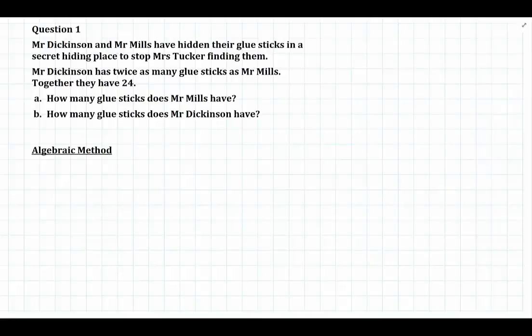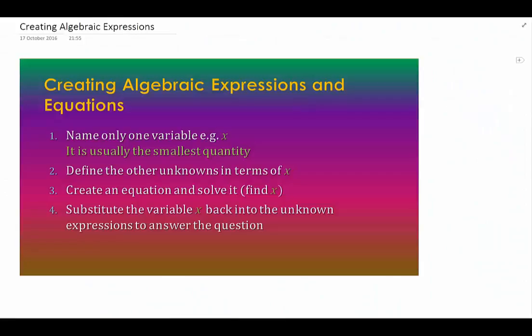So step 1. Mr. Mills is x. Let's look at step 2. Define the other unknowns in terms of x.